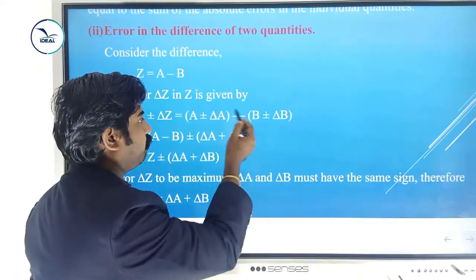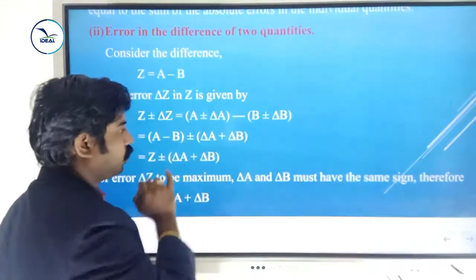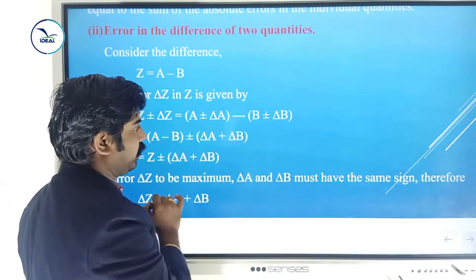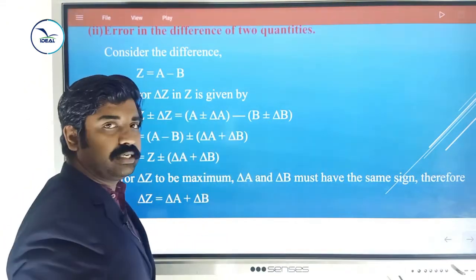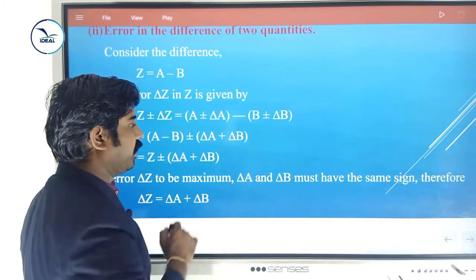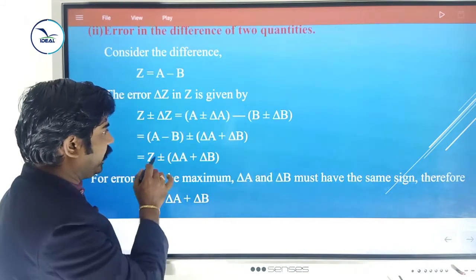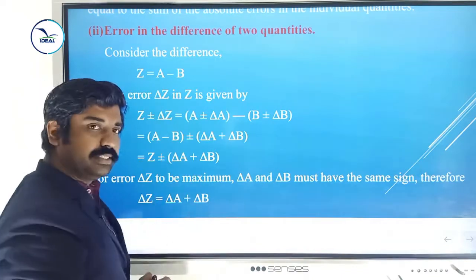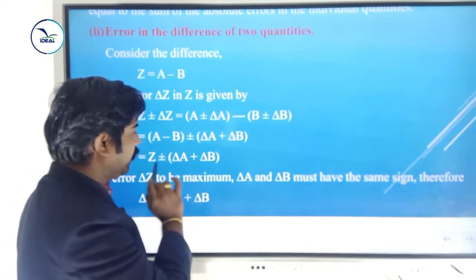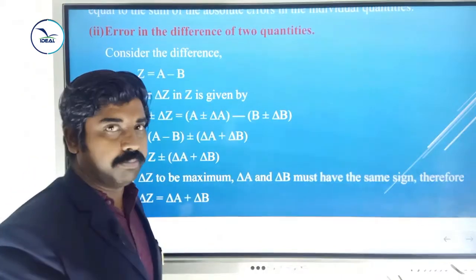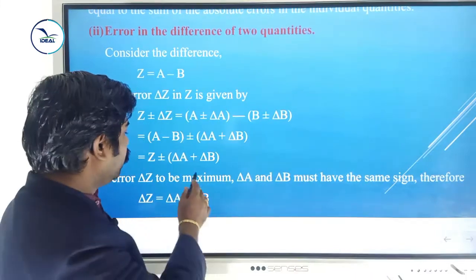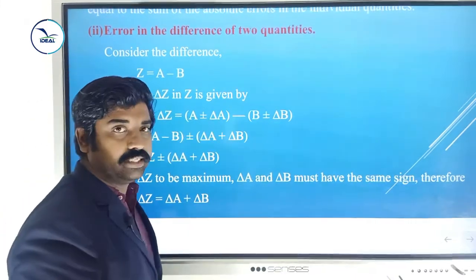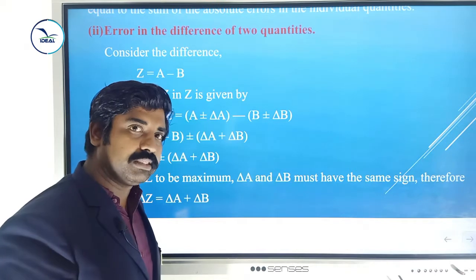Those are the same, so we can put here plus or minus. So plus or minus delta A plus delta B. Likewise we can write, that's equal to Z, because A minus B is Z, plus or minus delta A plus delta B. So the possible error delta Z is equal to delta A plus delta B.